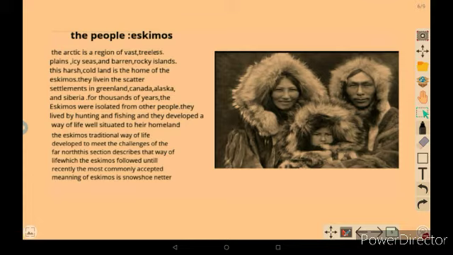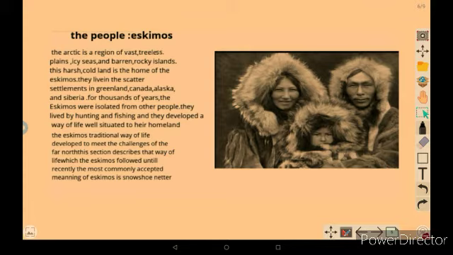They live by hunting and fishing, but they are living with the extreme coldness and facing the challenges. The far north means the northern side, where they are facing this much coldness.